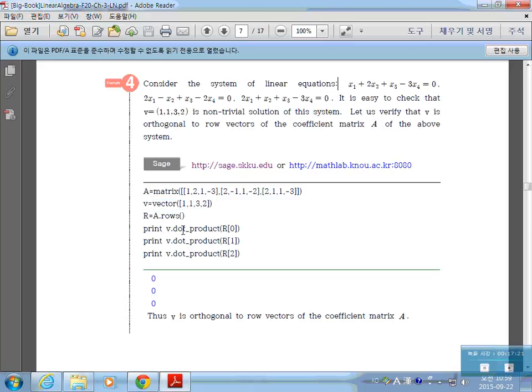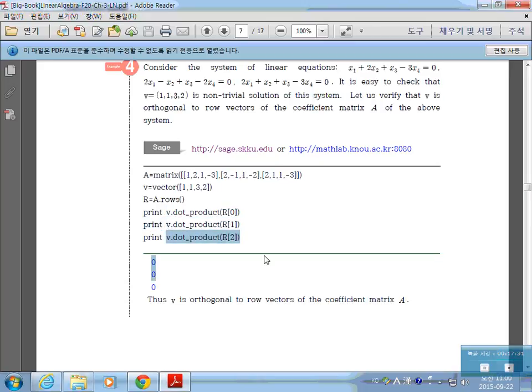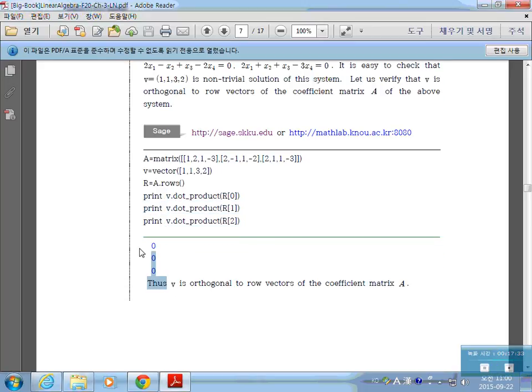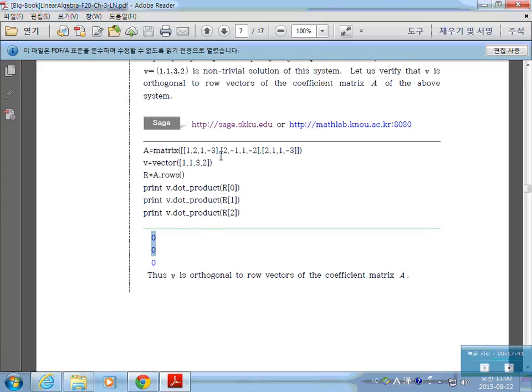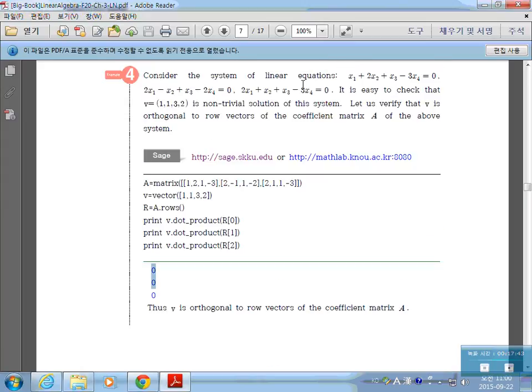So we find the inner product of V with each row of A in this way. Then we can easily check the inner products are all zeros. So V is orthogonal to the row vectors of the coefficient matrix A because 1, 1, 3, 2 satisfies all these equations, as we checked earlier.